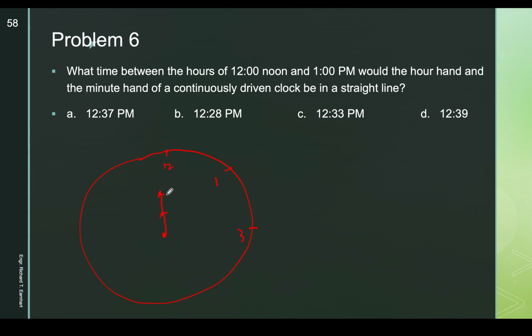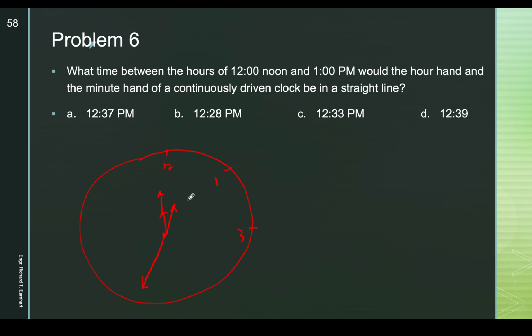Now the hour hand will be in a straight line with the minute hand, and that happens only once between 12 o'clock and 1 o'clock.